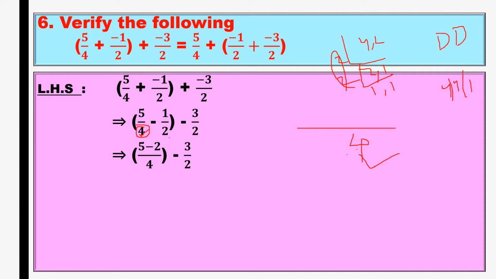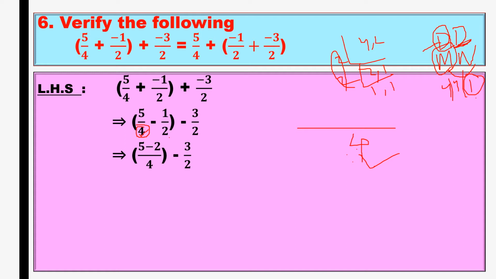Okay, so whatever quotient you got here, that one should be multiplied with the numerator. Okay, first you should divide the denominator. D means divide. Divide the denominator, multiply the numerator. First divide denominator with LCM.